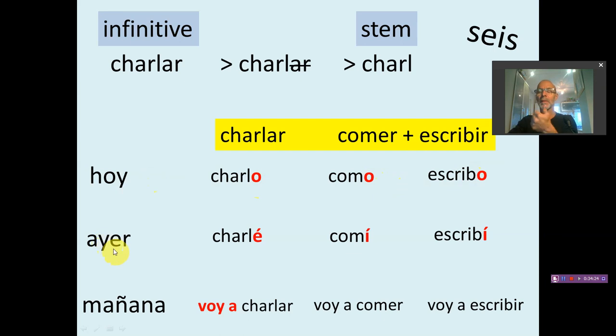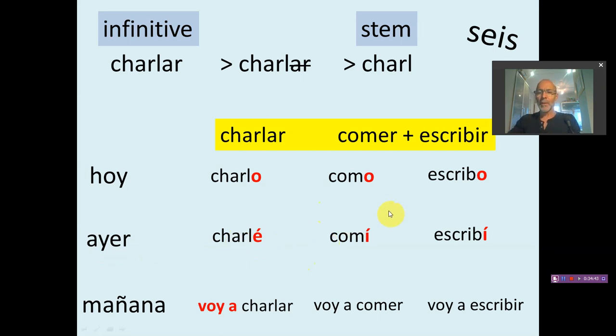If we wanted to talk about past tense, what you did in the past, for instance, yesterday, which is ayer, then if it's a charlar AR type verb, E with an accent goes onto the stem and it becomes charlé.